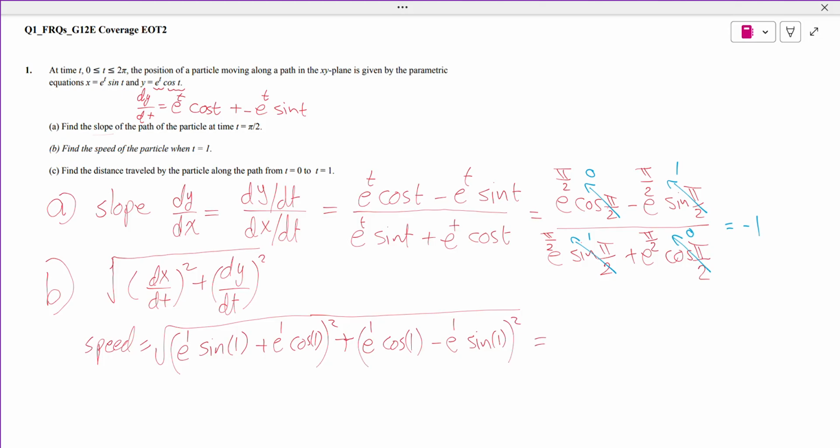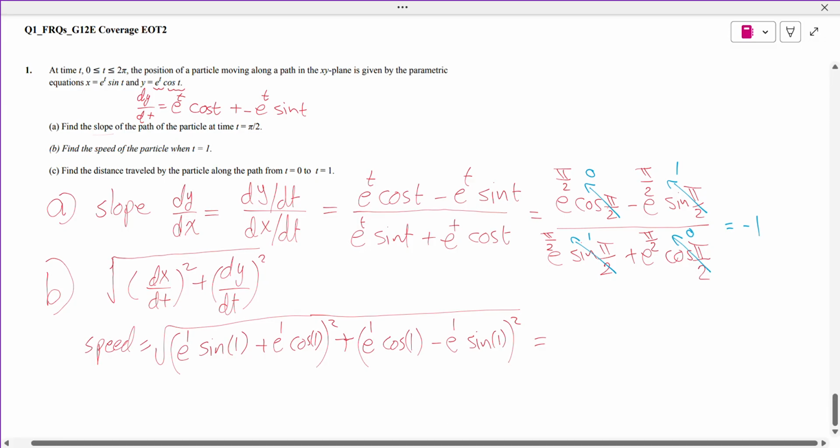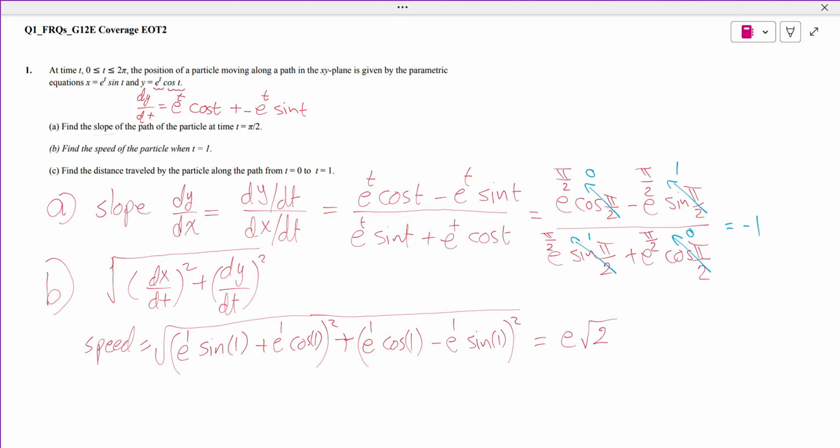And the answer should be e root of 2. So this is going to be e square root of 2. This is the speed.